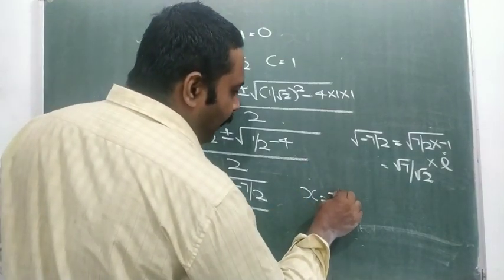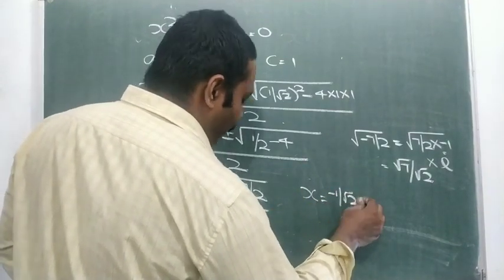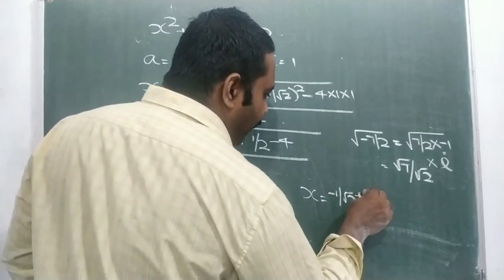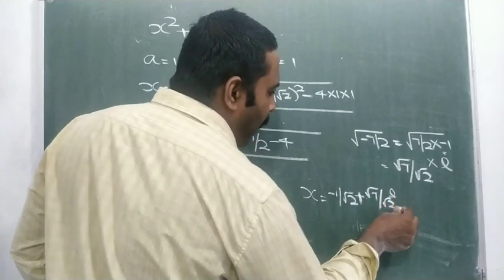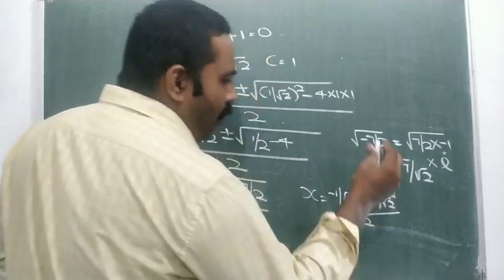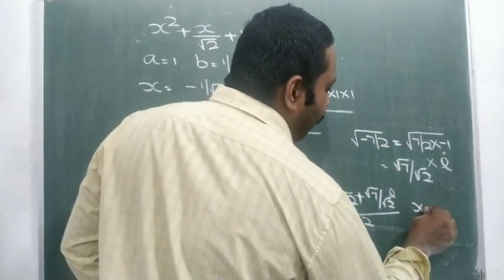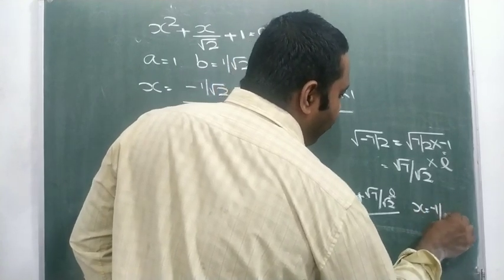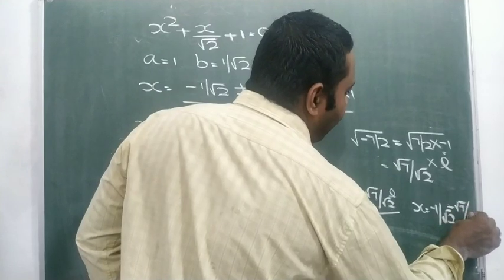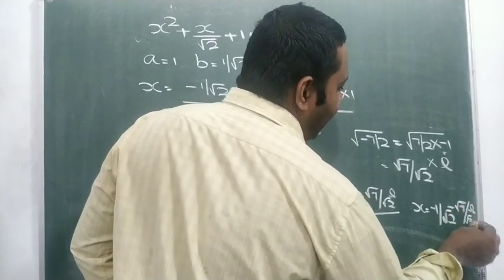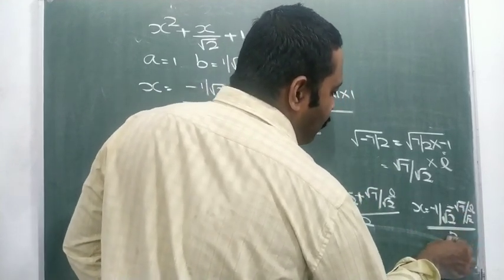Okay, then next step, x is equal to minus 1 by root 2 plus root 7 by root 2 i by 2, or x is equal to minus 1 by root 2 minus root 7 by root 2 i by 2.